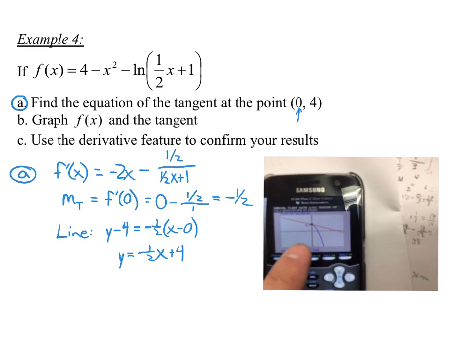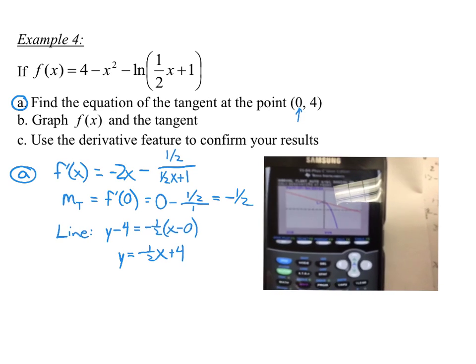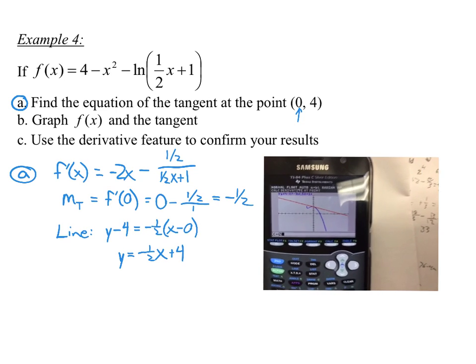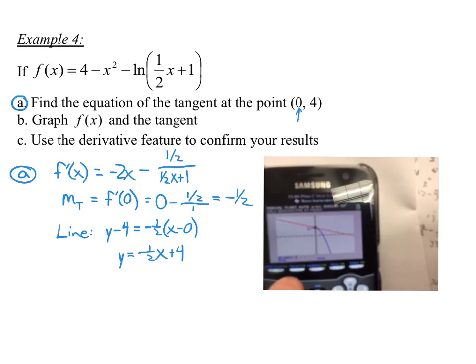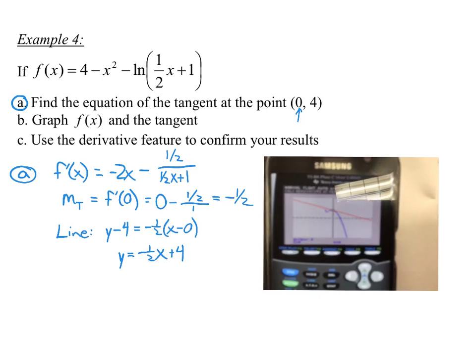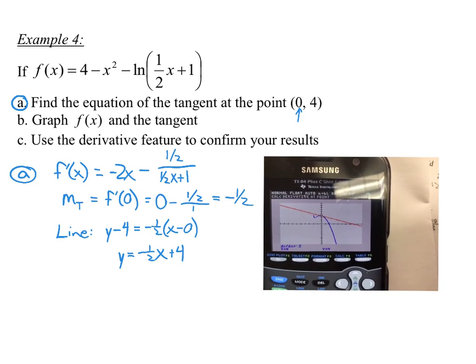Now it's looking for a value of x. So since I wanted it at the point 0, 4, I'm going to punch in 0 for x, and I hit enter. And notice it tells me the derivative was negative 1/2, just like we found. Okay, so we can do that.